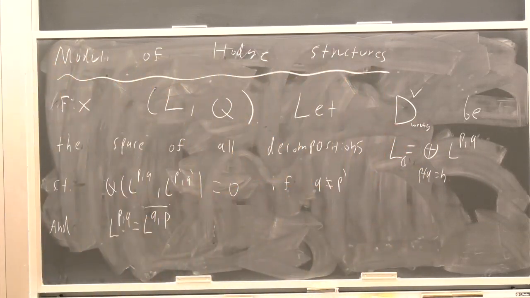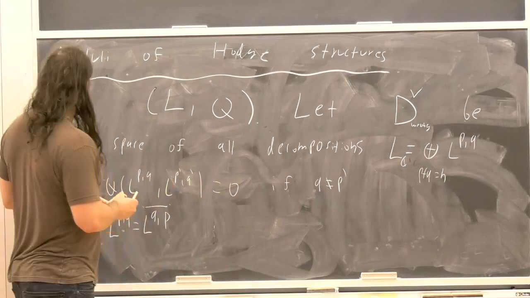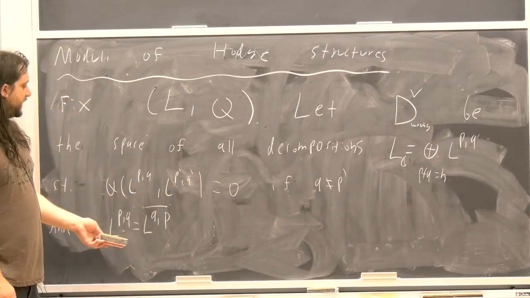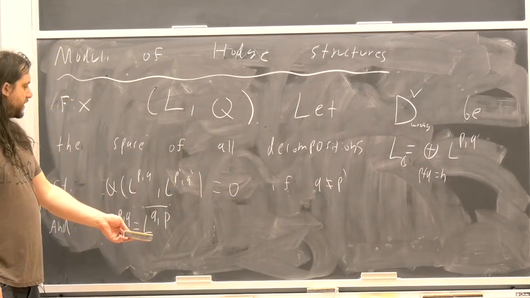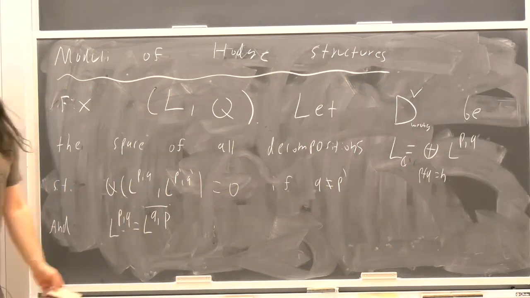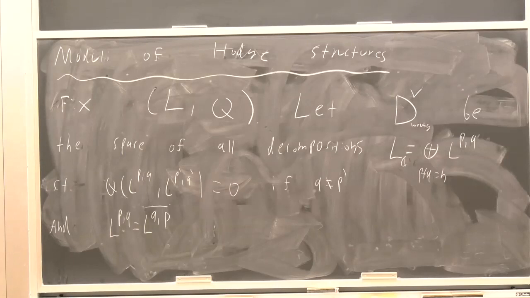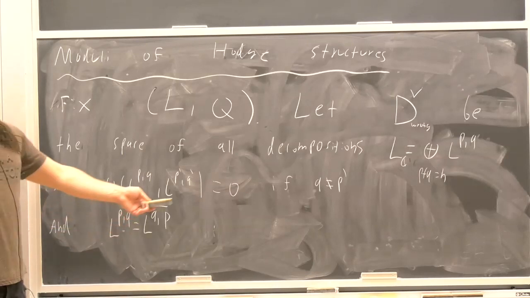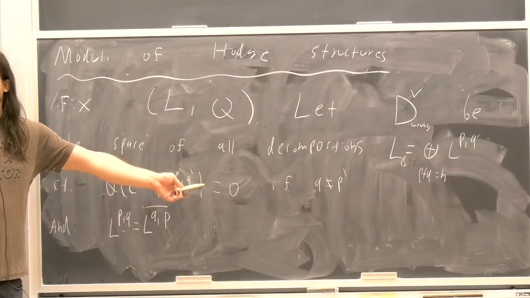This is not very natural for two different reasons. I guess they're related to the same reason. The first one is that this condition here, that L^{p,q} is the conjugate of L^{q,p}, is not great, because we want things eventually to be holomorphic, and complex conjugation is going to screw that up.